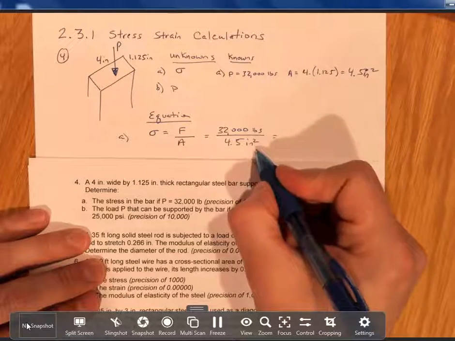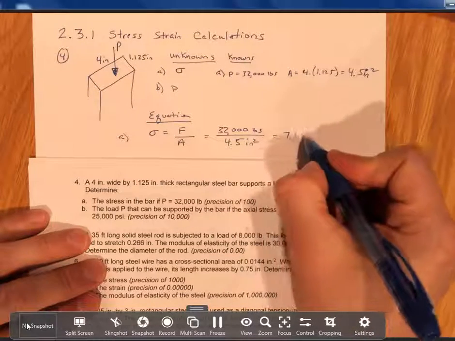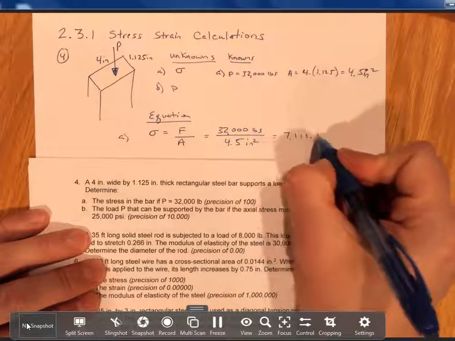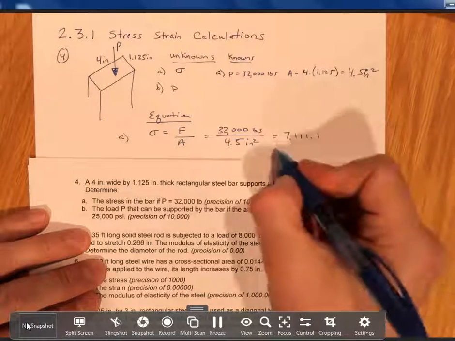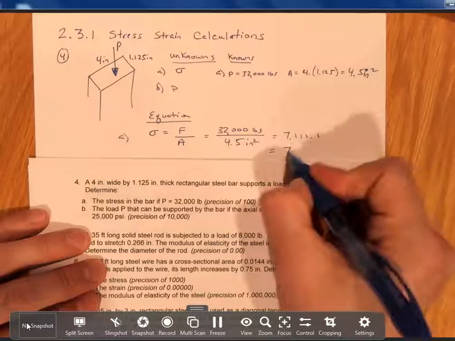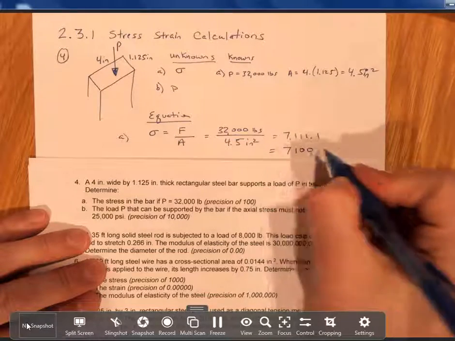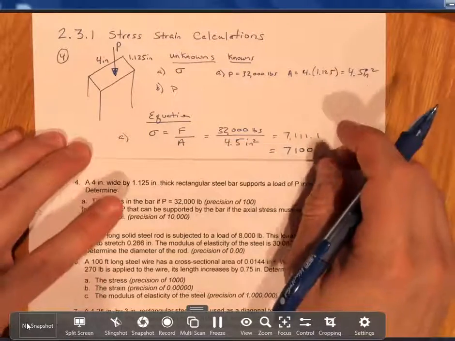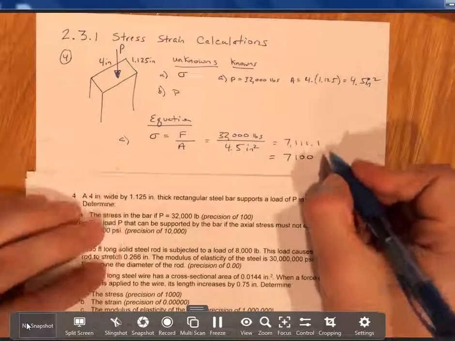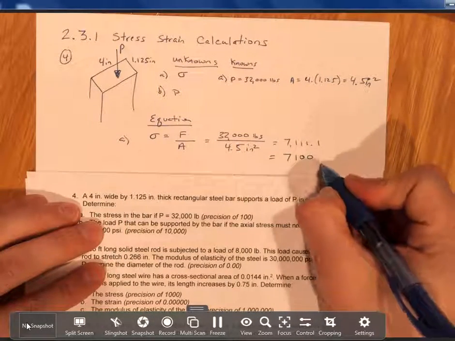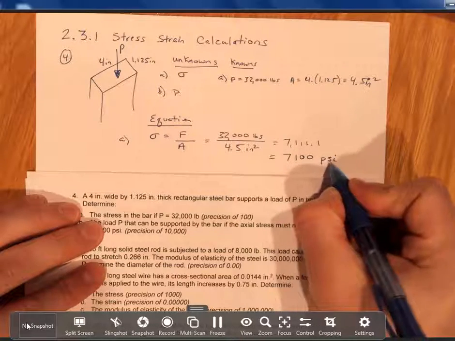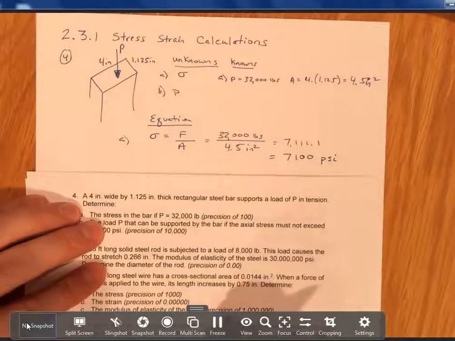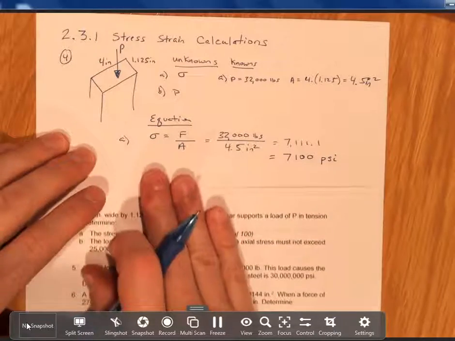When I divide this, I get 7,111.1. And so rounding that to the nearest hundred, it's just going to be 7,100. And our units here is pounds per square inch, so you may see that written as PSI. Okay, so there's part A.